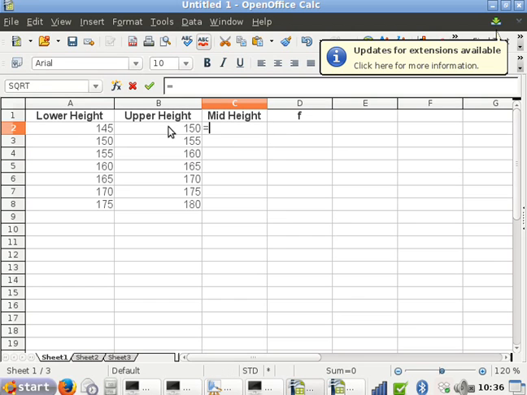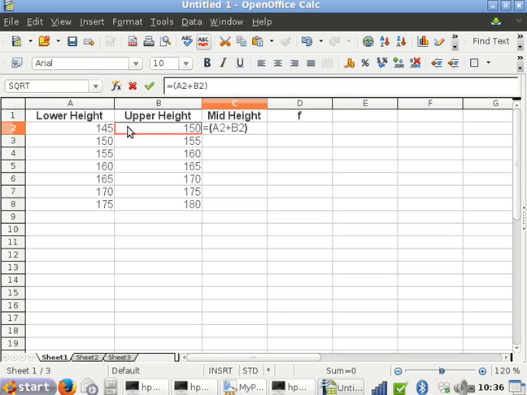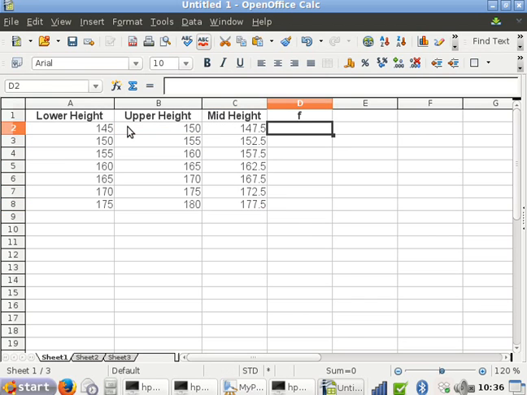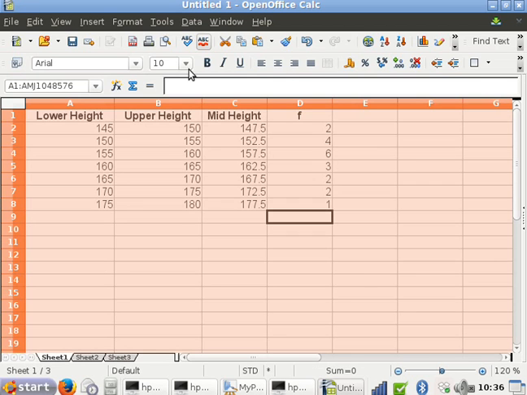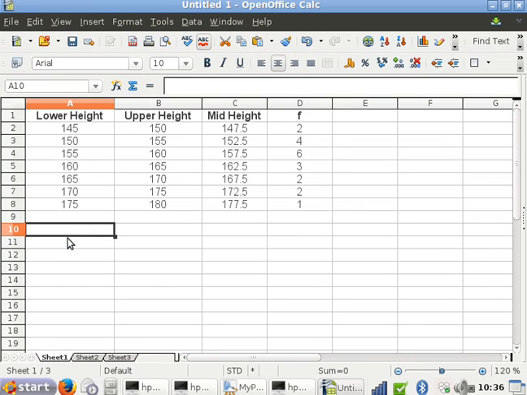The midpoint values is this one plus the upper divided by 2, and then the frequencies are 2, 4, 6, 3, 2, 2, 1.